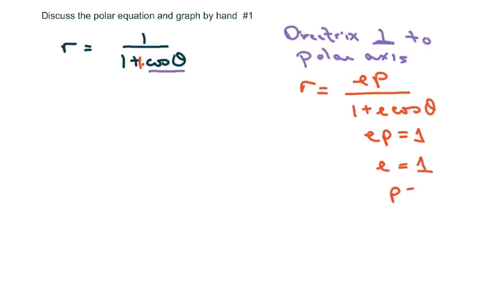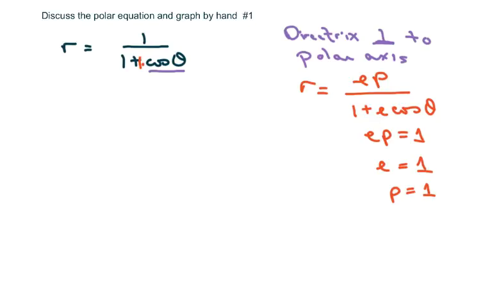Therefore, p equals 1. And remember, p is the distance either above or below or to the right or left of the pole.